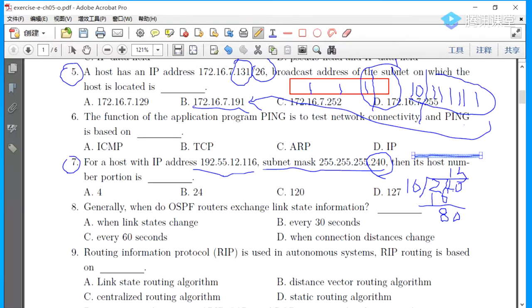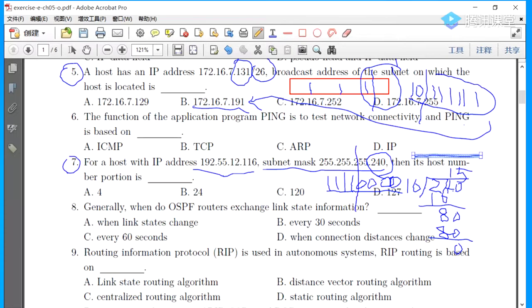So here is a 5. That is, we determined that 240's binary notation is 1111, how many 1 bits? 4 ones. Then followed by 4 zeros.